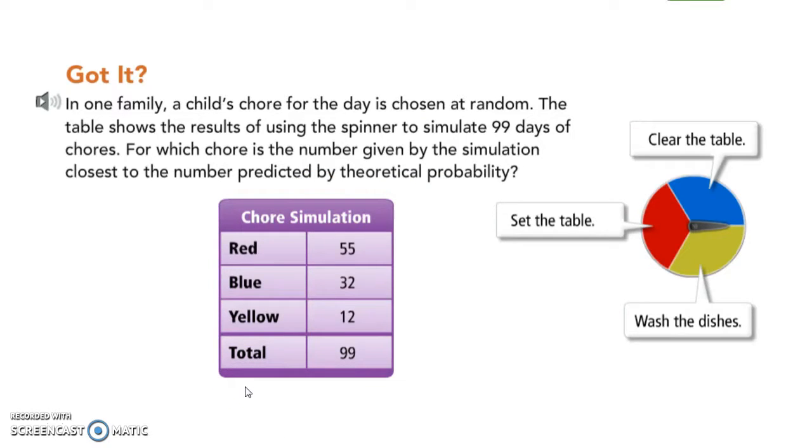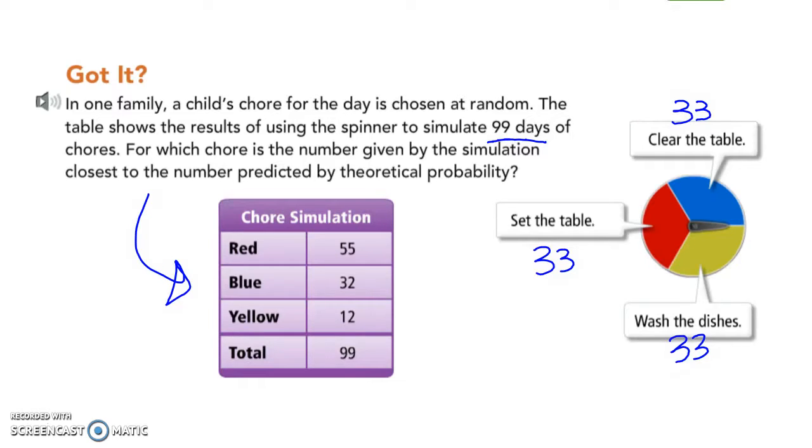So if I was going to simulate 99 days of spinning the spinner, notice there's 3 equal sections. What would I expect for it to land on? I would expect 33 setting the table, 33 clear the table, 33 wash the dishes. And then I just have to compare that to the actual experimental probability that I got in this table here.